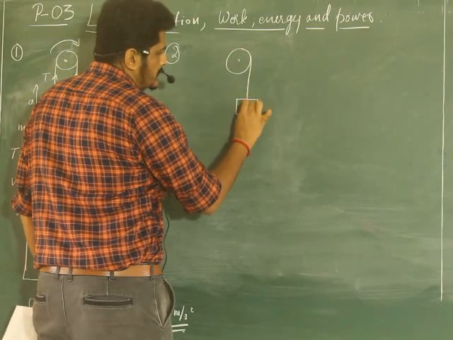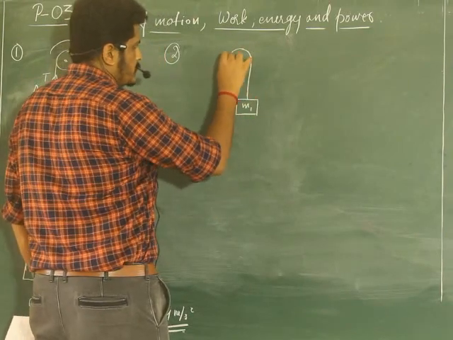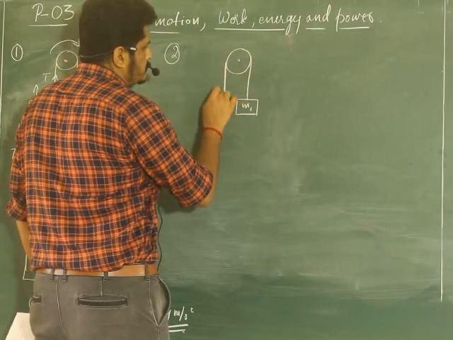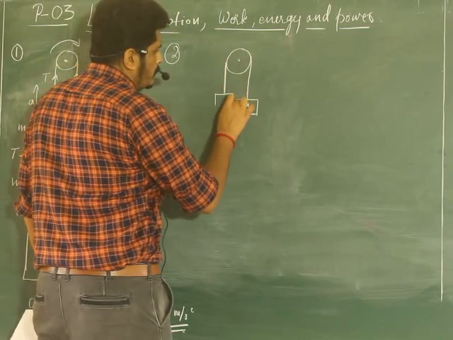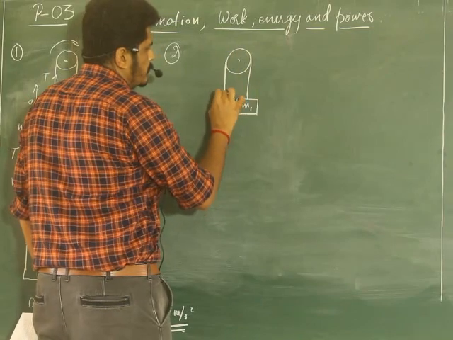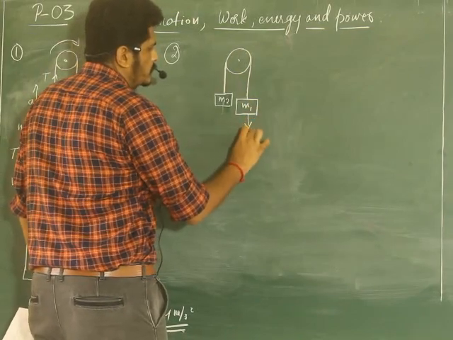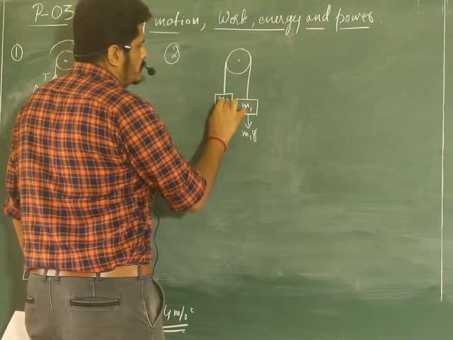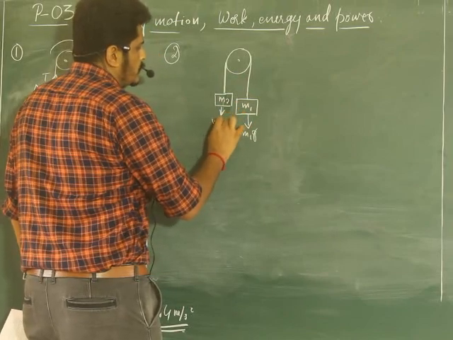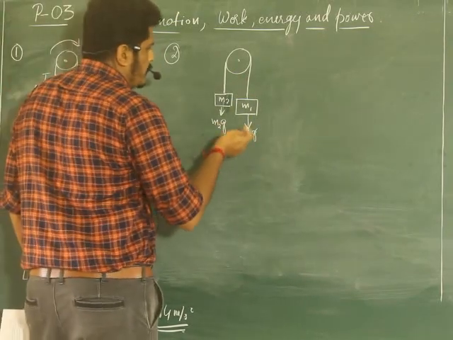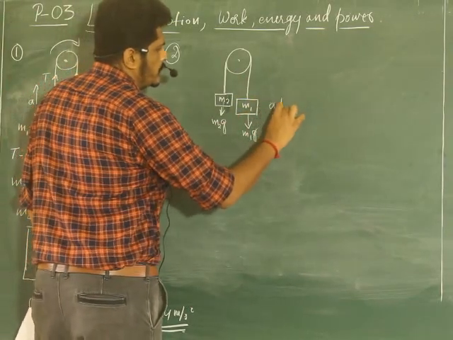I will take this one as M1 because it is moving downward, right? It has the higher magnitude in its mass, that's why. So I will take M2 here. This will go downward, right? So this is M1 into g. This is M2 into g. If you take this set also, there is nothing to worry. Next, it is going downward like this.